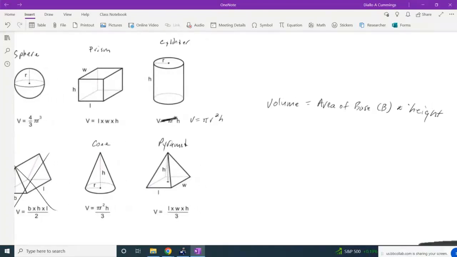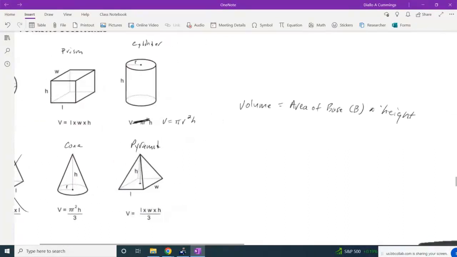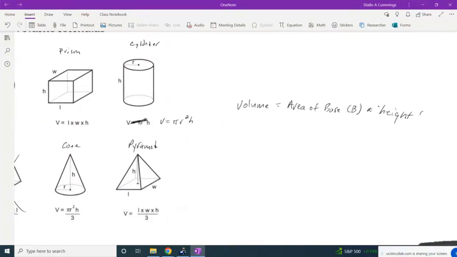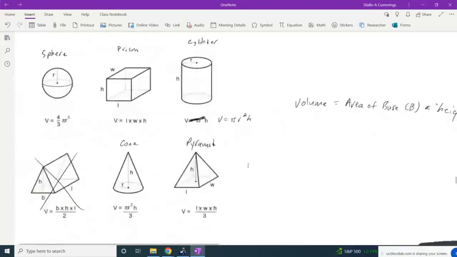So the volume in general is the area of the base, which in some instances you're going to see as capital B, times its height. If you take a look at the prism, in order to find the volume, you're going to take the area of the base. Remember, the area would be the length times the width, and you're going to multiply it by the height.